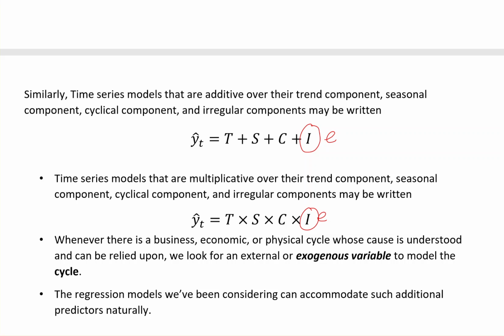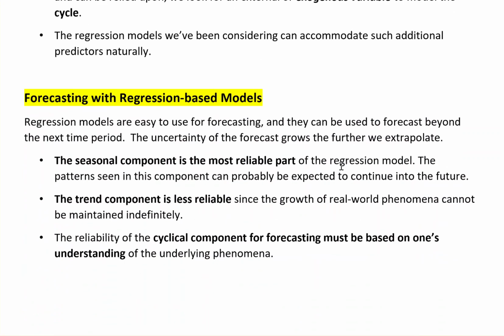It is a categorical variable. You need to create m-1 dummy variables. All right, so next we want to talk about these two components, right?